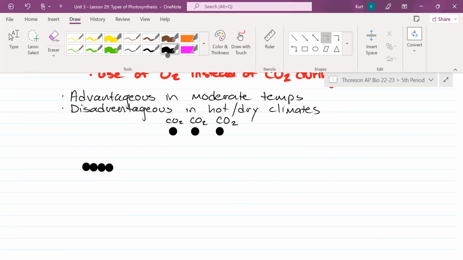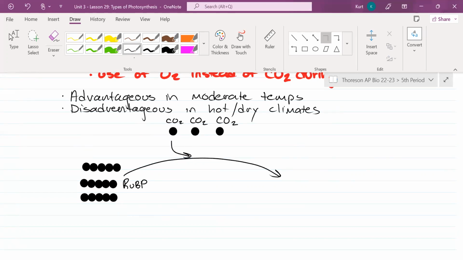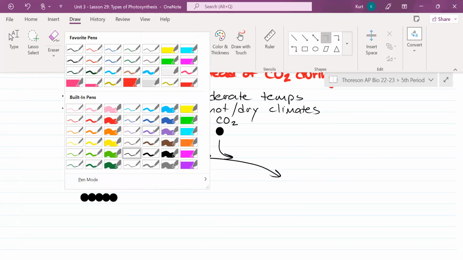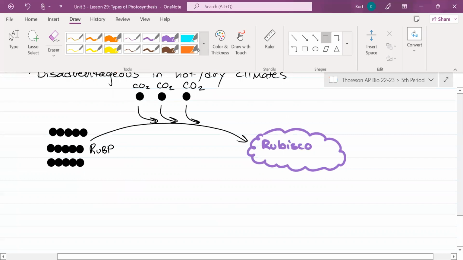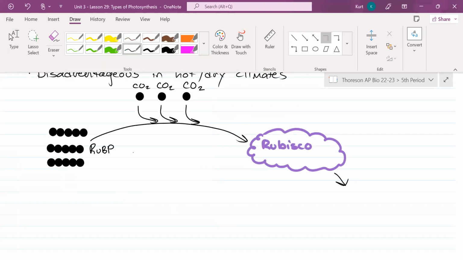RuBP, ribulose bisphosphate. And what enzyme fixes CO2 to RuBP? Rubisco, ribulose bisphosphate carboxylase. And what is 5 plus 1? 6, obviously. So 5 carbons plus 1 carbon makes 6.